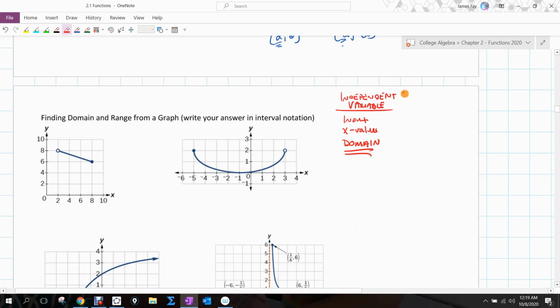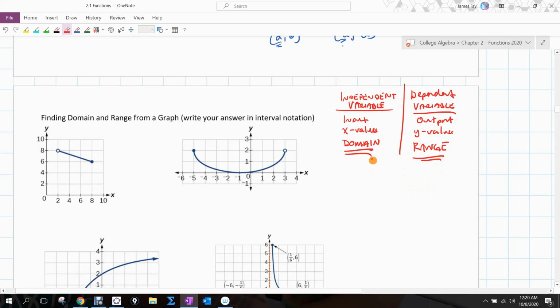That then gives us our dependent variable, being the other component. That is your output. Our output in functions is dependent on what we put in. This is obviously your y values, and we cluster those together as what we call the range.